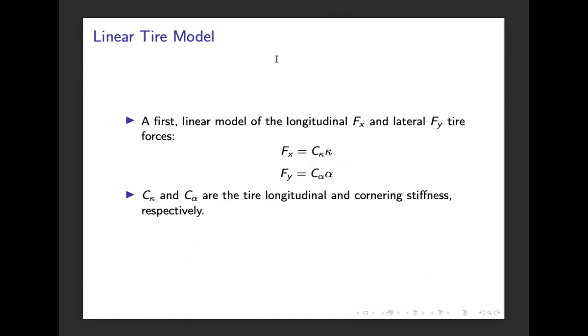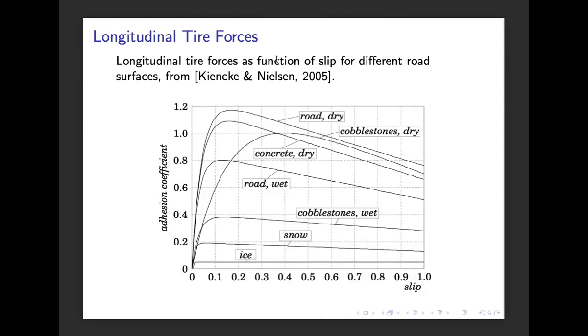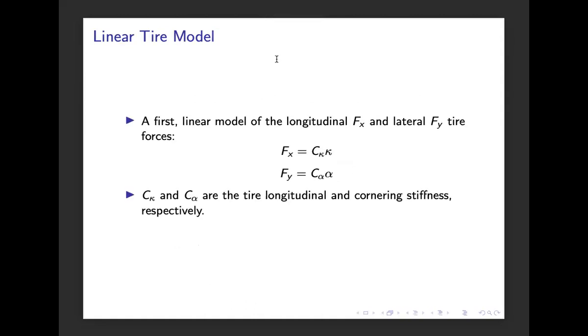If we consider the first part, the low slip region, we can start by making a linear model. We can assume that for low slips, there is a linear relationship between the longitudinal slip and the corresponding longitudinal force. There is a coefficient, C kappa, which is called the longitudinal tire stiffness.